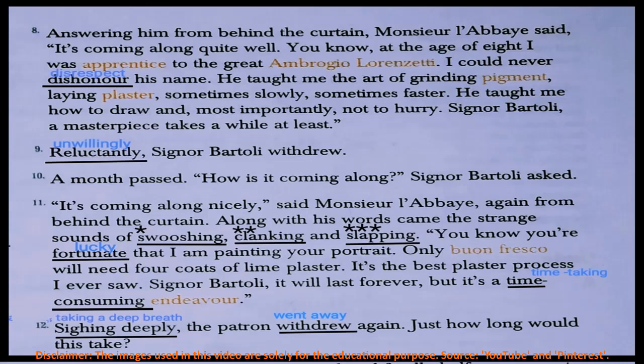Therefore, it will take some time. And he suggested Bartoli to practice some patience. Like this, a week passed by, and Bartoli again rushed inside the room and insisted that he show his painting. But the artist didn't show him.